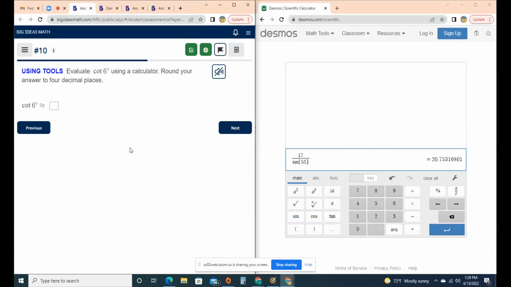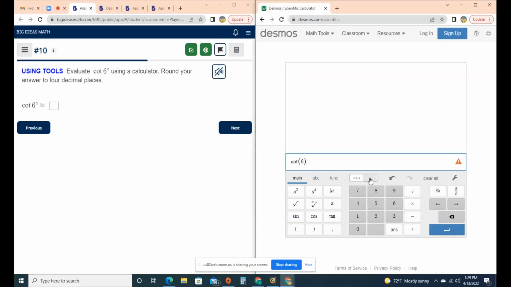Okay, so your Desmos, I think, has a cotangent in it. So give that a try. Make sure you round to the right number of decimal places. What do I do?